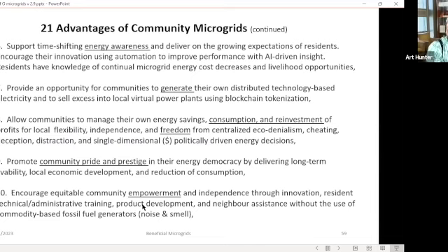Every neighborhood or community has something that's unique, opportunity for people to get creative in what they can do. And of course, avoid the fossil fuel generators, the noise and smell we're all aware of, and that's not necessary.